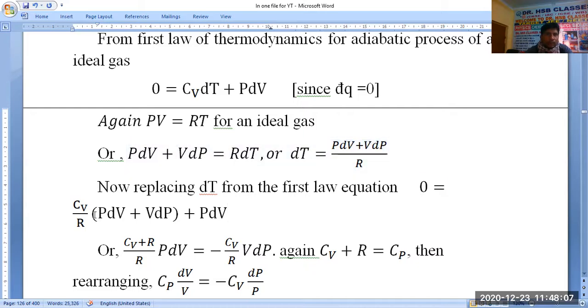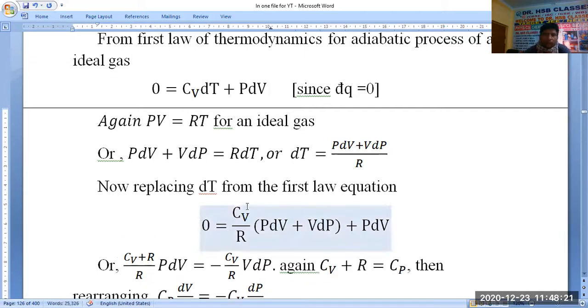Now, replacing dT by this equation in the first law equation, 0 equal to Cv by R, dT, plus PdV.